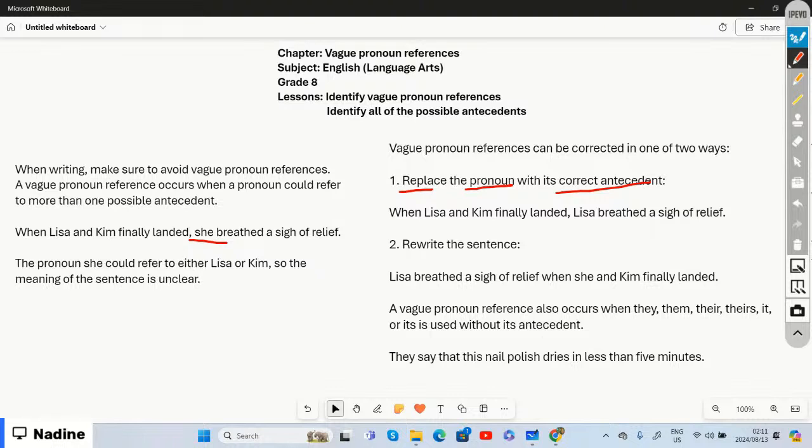If we look at an example of how we can replace this vague pronoun reference, we can say, when Lisa and Kim finally arrived, Lisa breathed a sigh of relief. So now we know specifically who they are referring to. They are referring to Lisa.